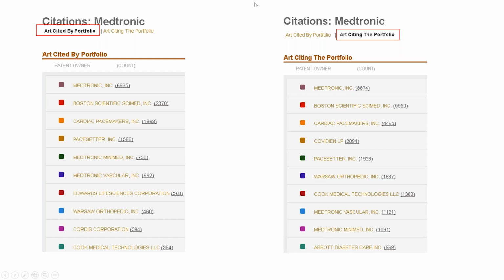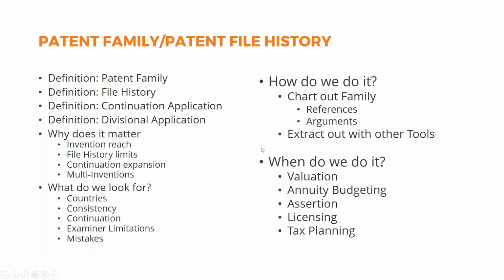So let's move into patent family, patent file histories. The patent family is a construct of multiple country filings or multiple filings in a single country of a matter that shares, and I'm going to use this definition, the same priority date, the same date of filing. There are about 6 different versions and definitions of patent family out there.